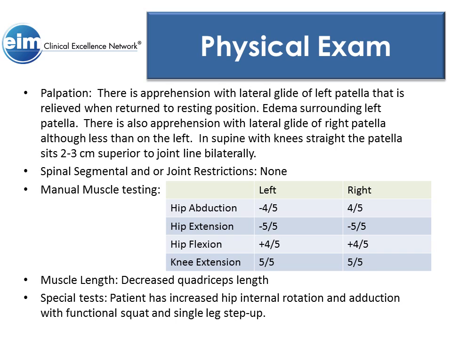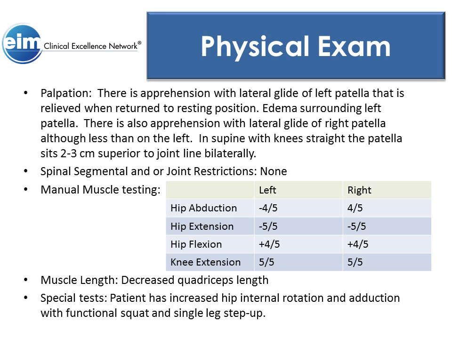In supine with his knee straight, the patella bilaterally sits about 2 to 3 centimeters superior to the actual joint line of the knee. There were no spinal segmental or joint restrictions.